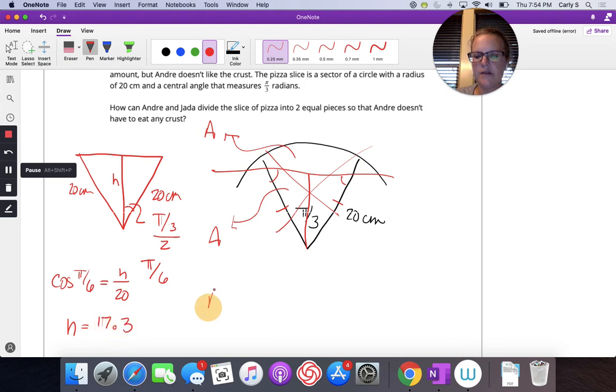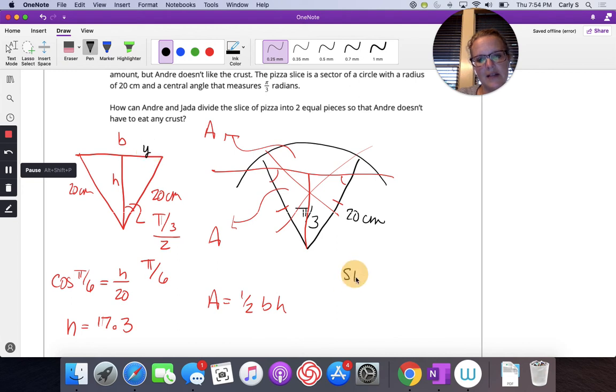So the area of this triangle is 1/2 base times height. I don't have the base either, do I? So here, if I have base over 2, let's just call that, I don't know, y. So that would be theta opposite over hypotenuse.